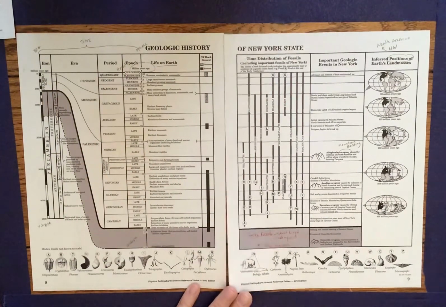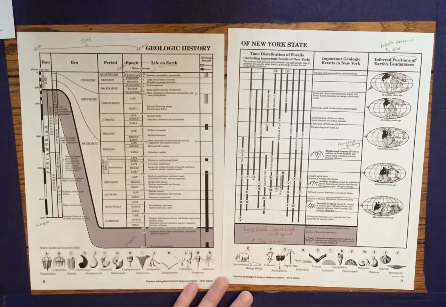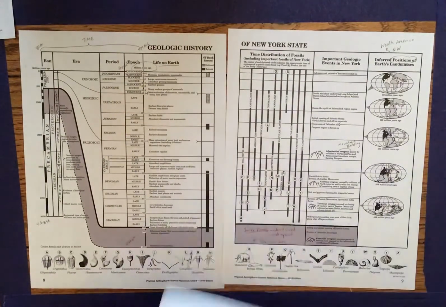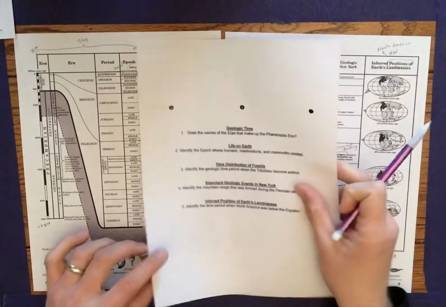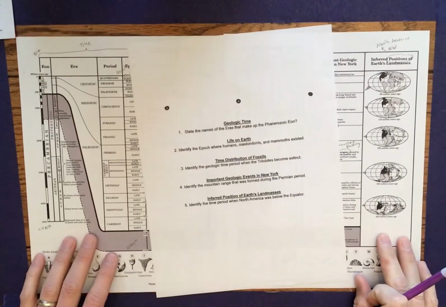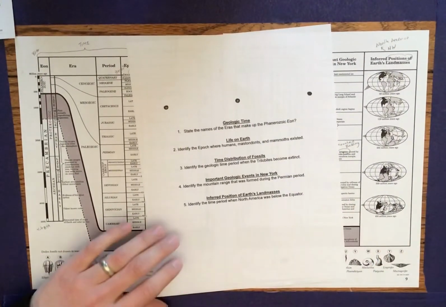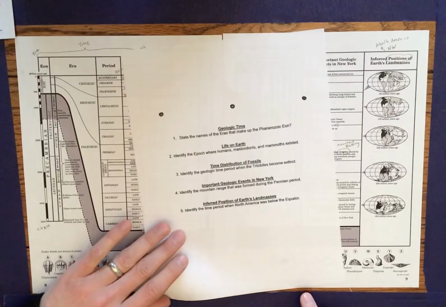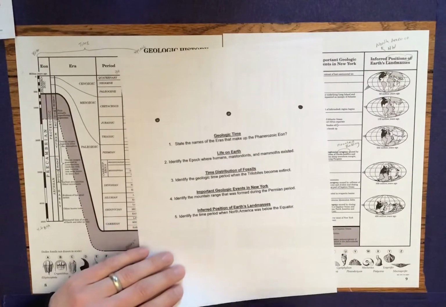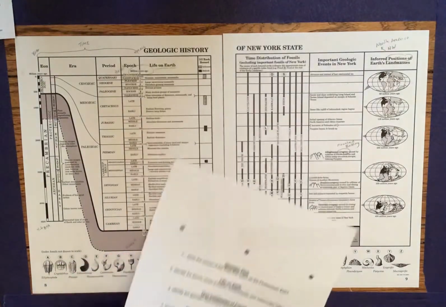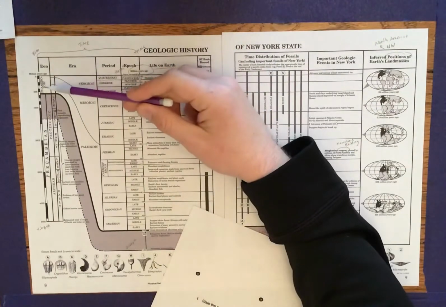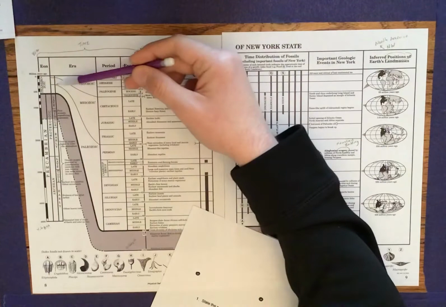Okay? So, in order to see if we know what we're doing here, let's go over this worksheet. All right? So, take it out. It says, state the names of the eras that make up the Phanerozoic eon. So here's the Phanerozoic eon. What are the eras that make it up?